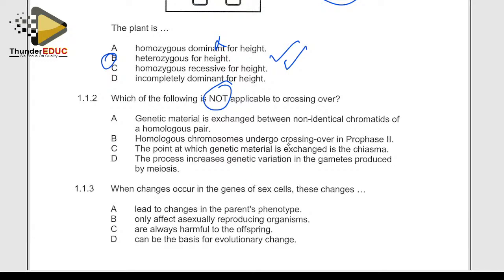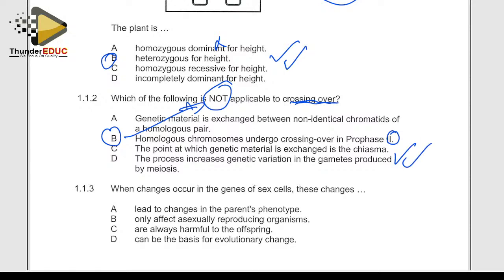Homologous chromosomes undergo crossing over in prophase 2? We don't have homologous chromosomes in prophase 2, therefore crossing over doesn't take place in prophase 2. Therefore, B becomes the most correct answer, because the key point was saying which is not.